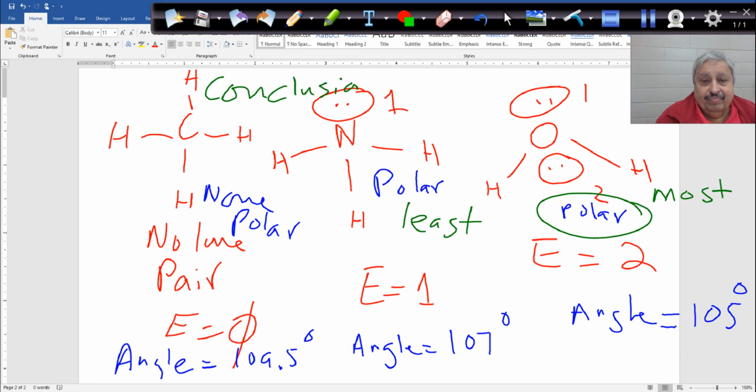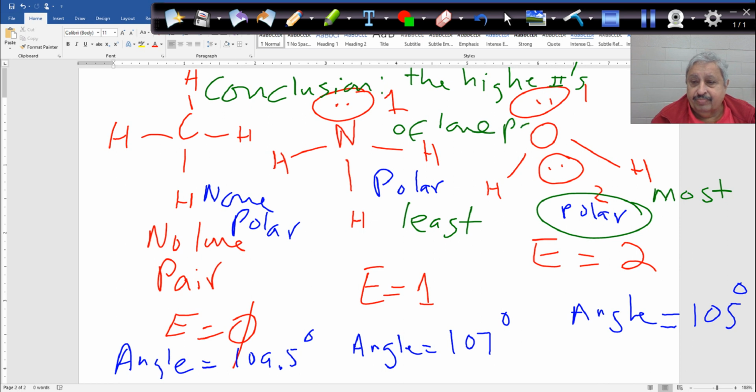Conclusion. The higher number of lone pairs on the central atom, the higher the polarity.